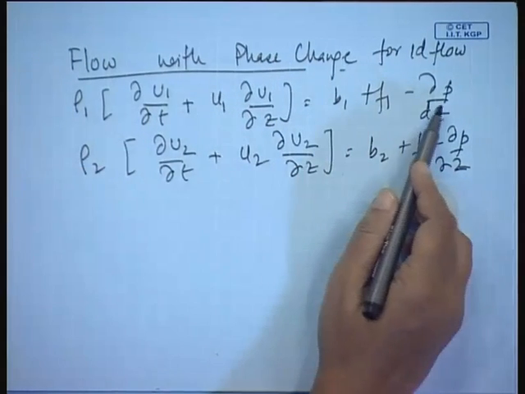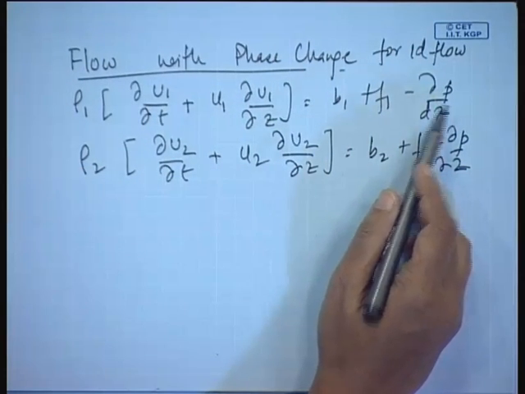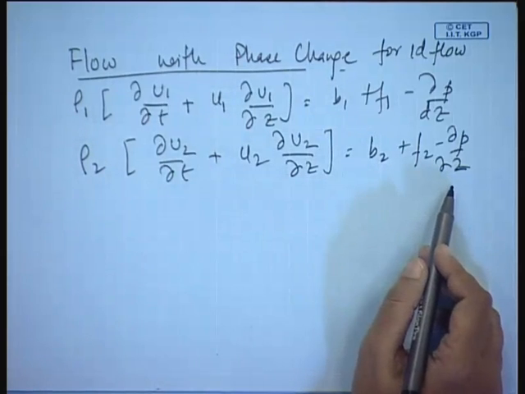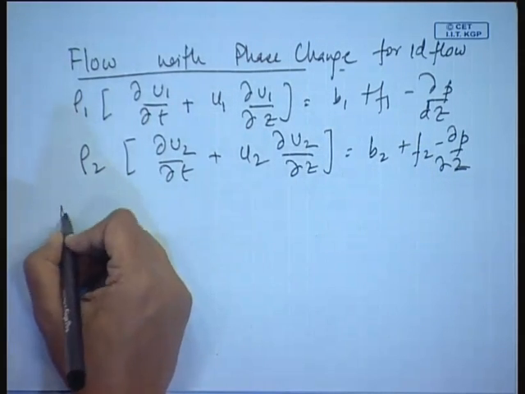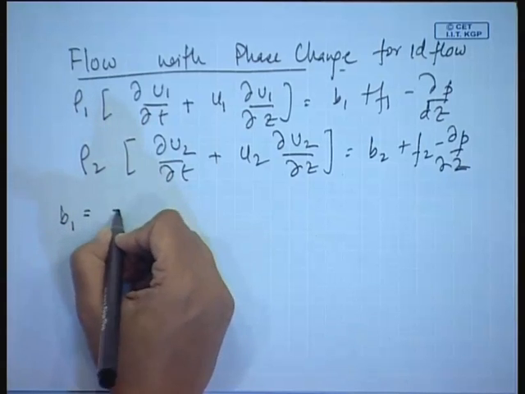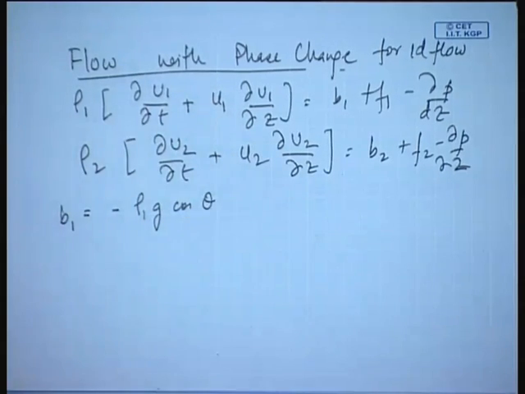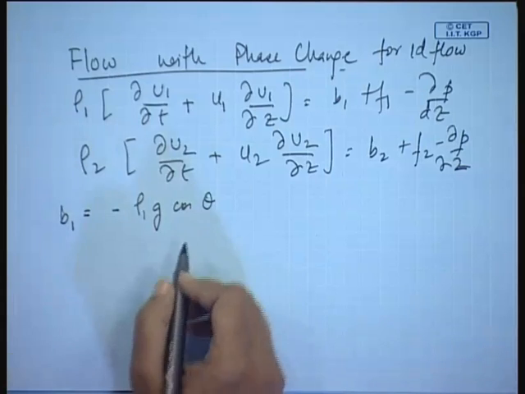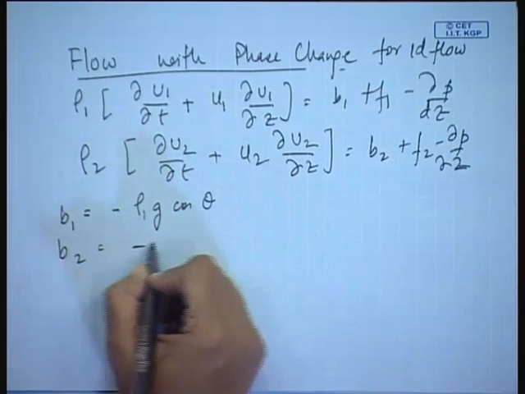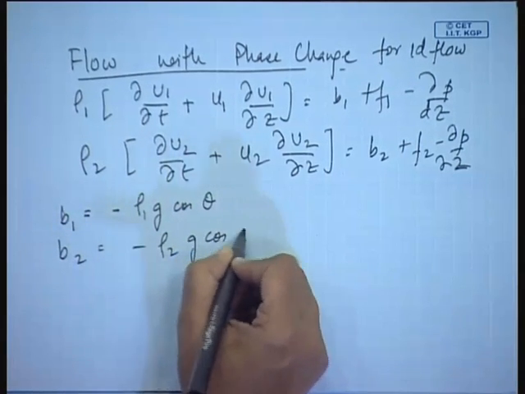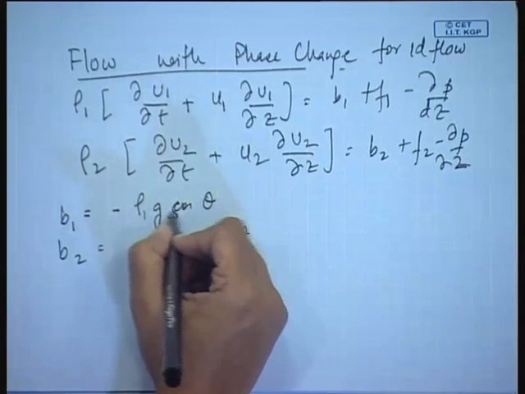This was written per unit volume of phase 1, this was written per unit volume of phase 2, isn't it? And from there what do we get? B1, I had told you, was minus rho 1 g cos theta, assuming the upper direction to be positive, and then we had B2 as minus rho 2 g cos theta, cos or sin, I think I had put sin.